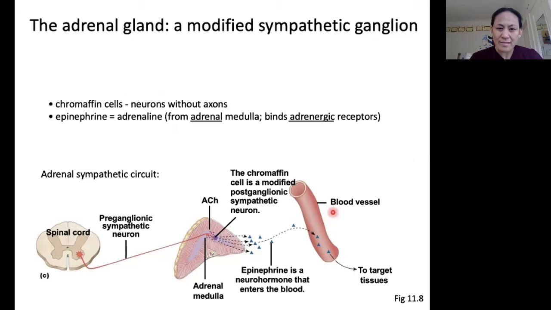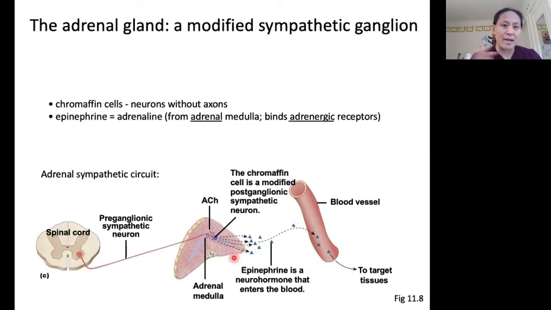Let's take a look at some details here. So one thing I want to say about chromaffin cells is they are basically modified neurons. So they're neurons without axons, okay? Also, epinephrine is also known as adrenaline. So I'm sure you all have heard the term adrenaline. You've probably also heard the term epinephrine, but those are the same thing.